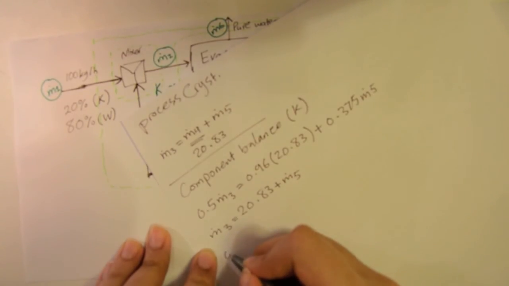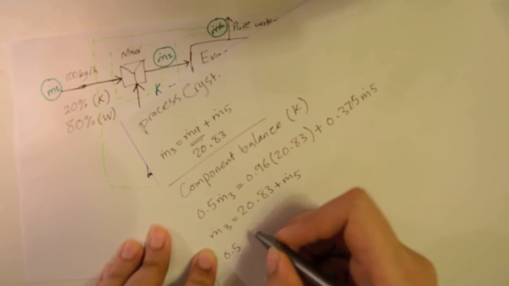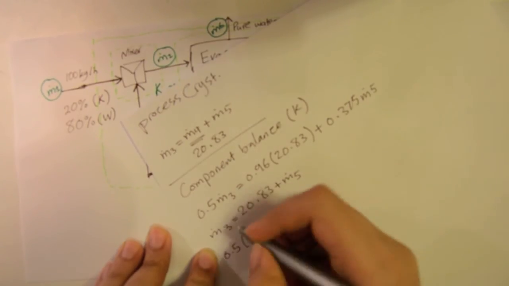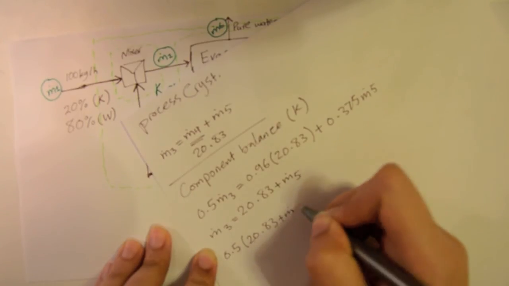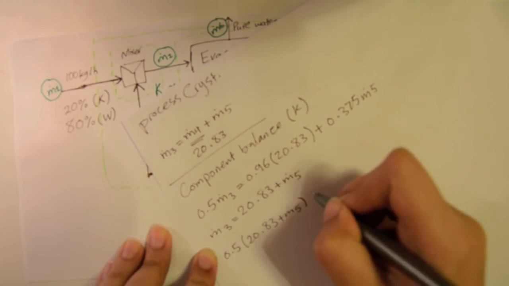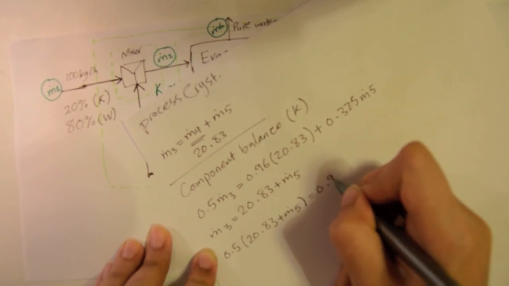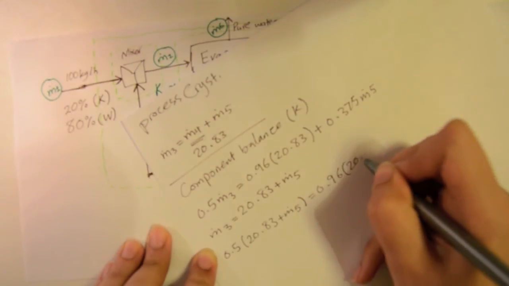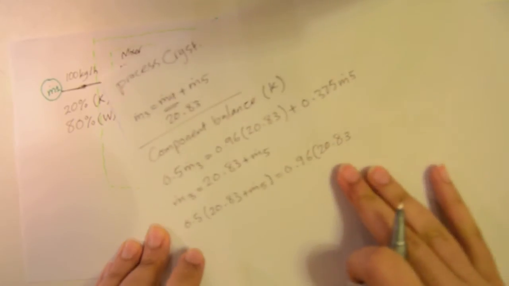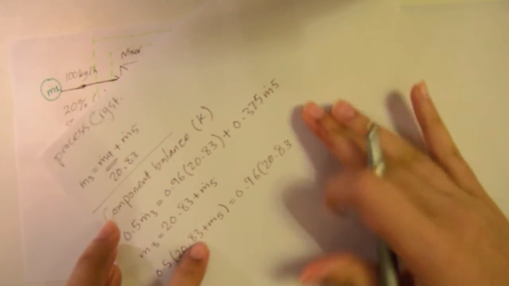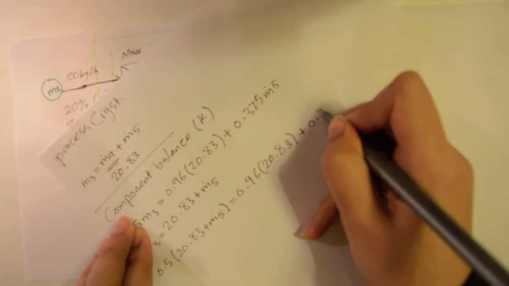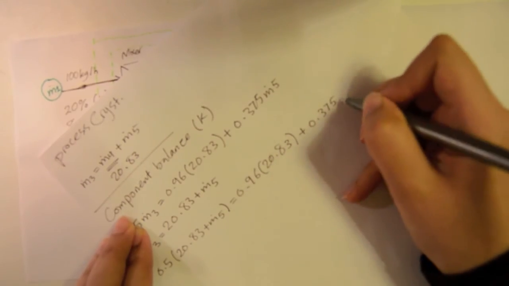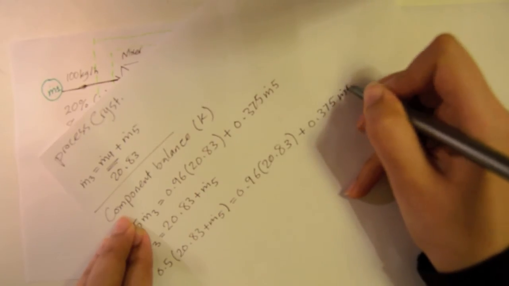So 0.5 multiplying by 20.83 plus M5, equal to 0.96 times 20.83 plus 0.375 multiplying by M5.